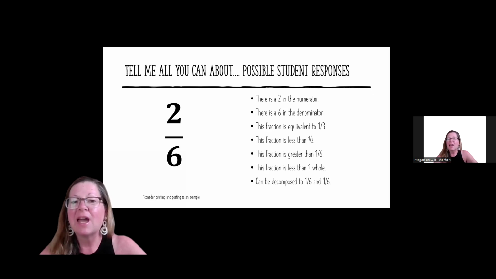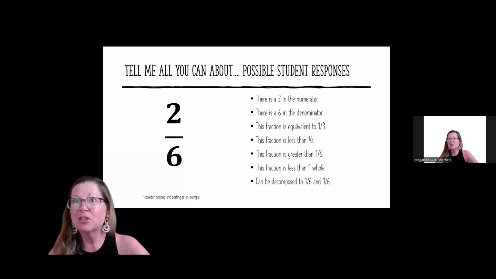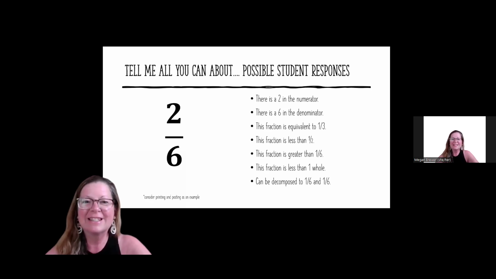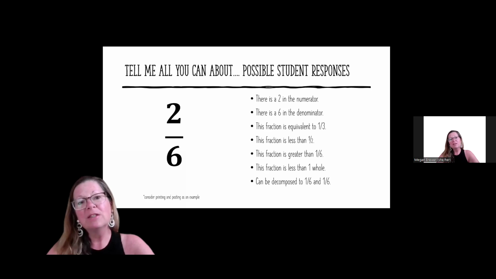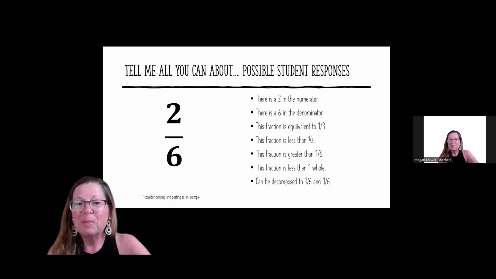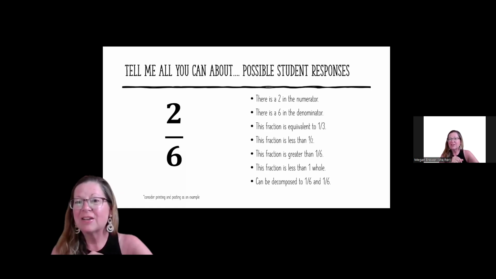Another student might say, I know this fraction is greater than 1/6 because this is 2 out of 6, so it's actually 1/6 more than 1/6. Another student might say, I know this fraction is less than 1 whole because I know 6/6 equals 1 whole, and this is just 2 out of the 6. Another student might say, this fraction can be decomposed into 1/6 and 1/6.